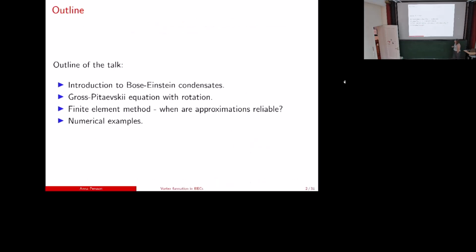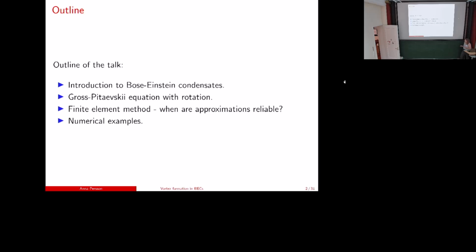So this is an outline of the talk. First, I want to introduce Bose-Einstein condensates and explain a little bit what this is. And then I will talk about the Gross-Pitaevskii equation that we use to model this. And we use it with rotation, because we're interested in rotating these.